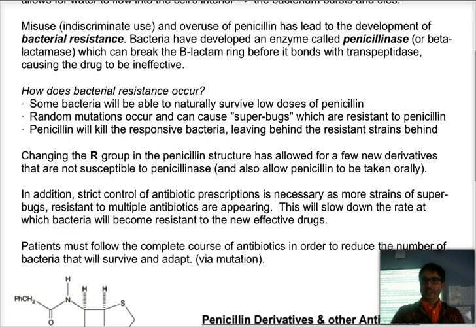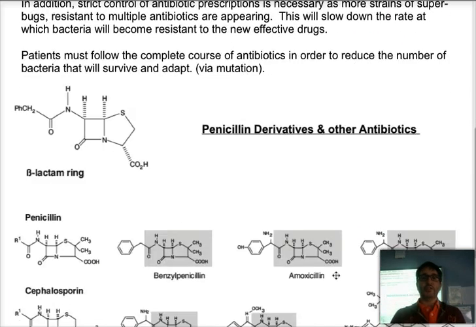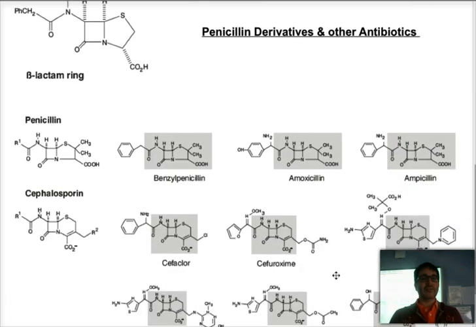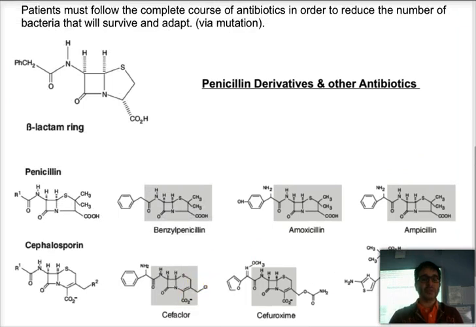How can we fight resistance? Well, we change the R group. Here are some of the options. If we have the beta-lactam, we can change the different structures.